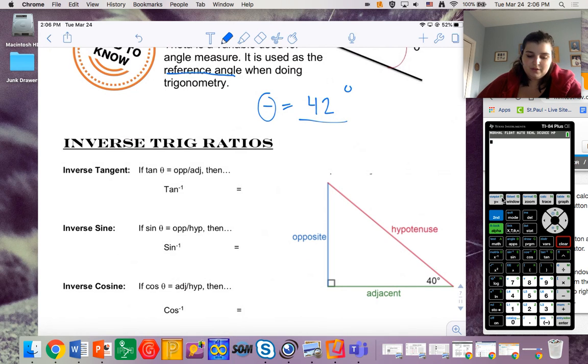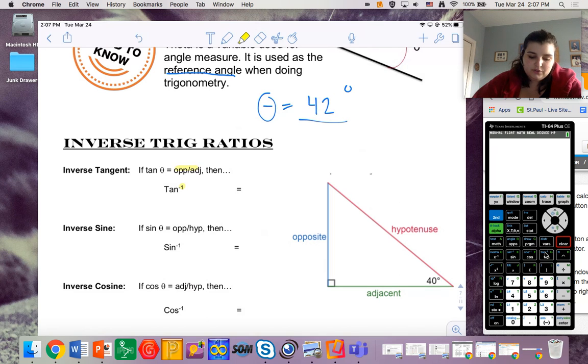If tangent of theta is opposite over adjacent, then you use inverse tangent. It's the blue button on this calculator right above tangent, so you do second and then press that button. So you get tan inverse, not tan to the -1. It's not an exponent, it's just a symbol.